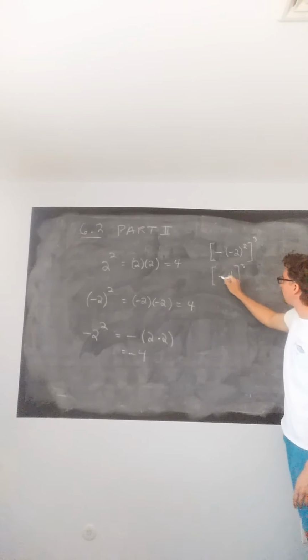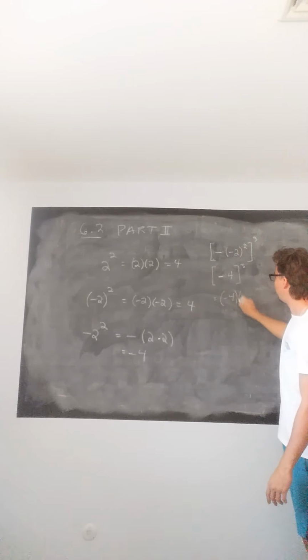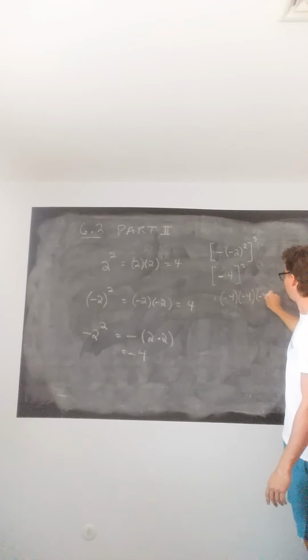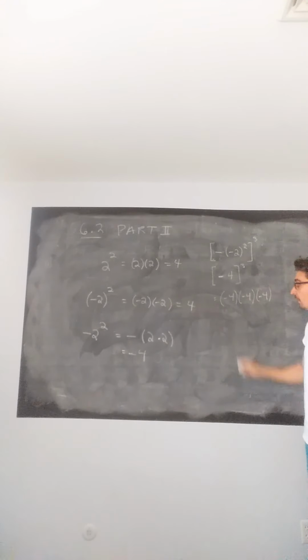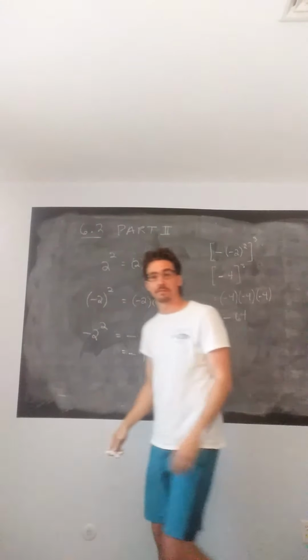So now you have this 4 with the minus in the front, and that's raised up to the 3rd. So what does this mean? It means negative 4 times negative 4 times negative 4. So your answer is going to be negative. You have an odd number of minus signs, and this would give you 64. So negative 64 would be your answer.